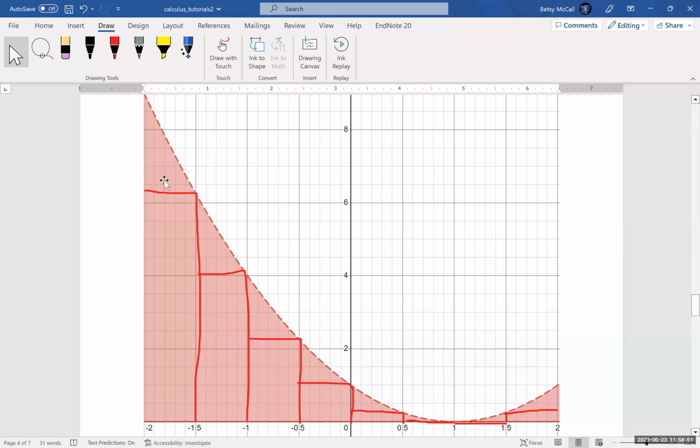But if the graph is decreasing all the time, it's always the right-hand rule. They're just equivalent. And if it's always increasing, then it's always the left-hand rule for the lower bound. But when it's changing direction like this, then you have to physically look at the value on either side of the rectangle and then pick the appropriate one.